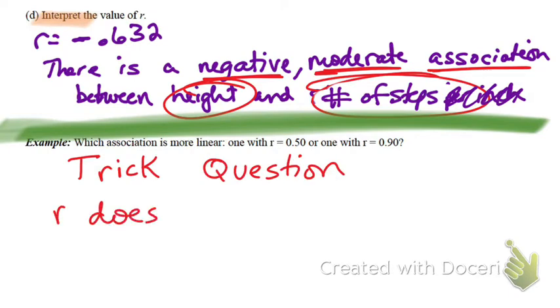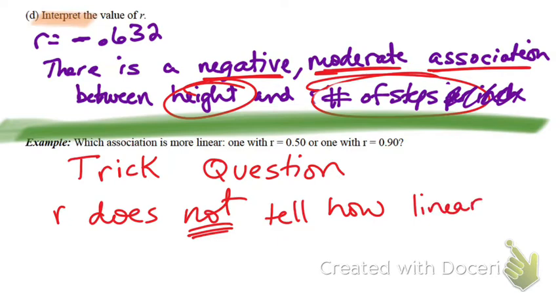R does not tell how linear an association is. Can you show us examples where that is?